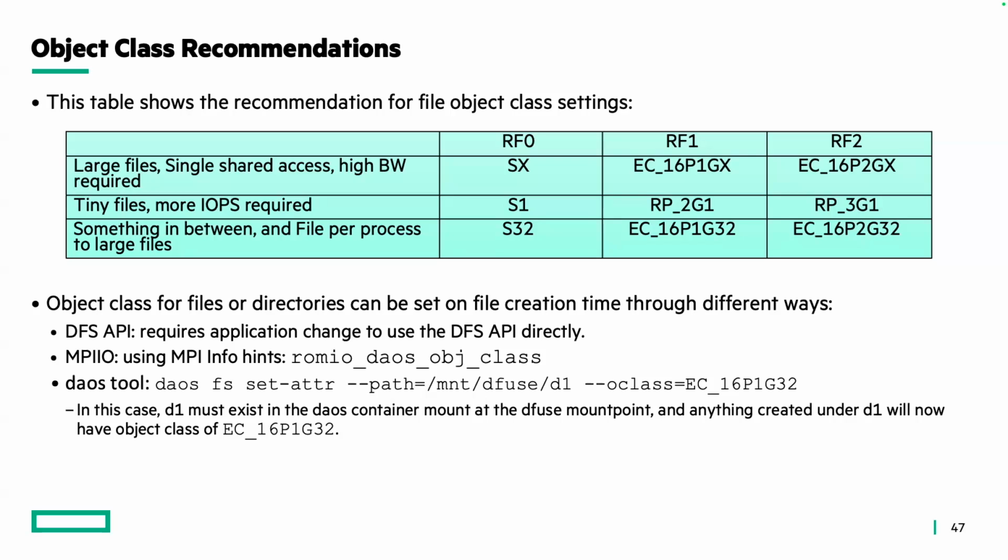That makes sense? Yes. Okay. And that's similar to what Lustre provides with lfs. If you want to change an existing layout for an existing file, your only option is to copy that file into a different layout. There's no way to change it in place.